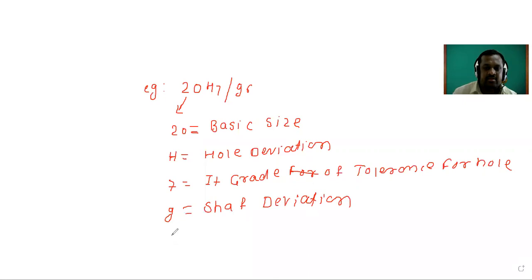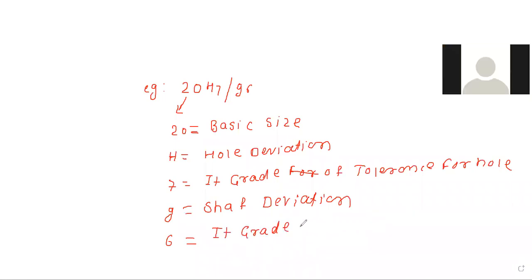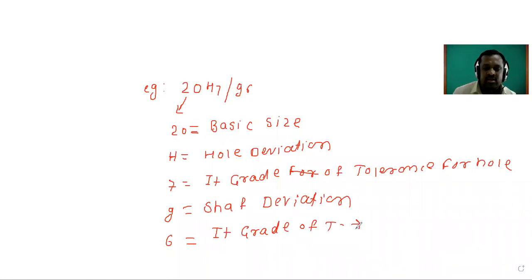And the small 6 will indicate the IT grade of tolerance for the shaft. Means this 20 indicates the basic size, the capital letter H indicates the hole deviation, the small letter indicates the shaft deviation, and the figures indicate the IT grade for the hole and the IT grade for the shaft.